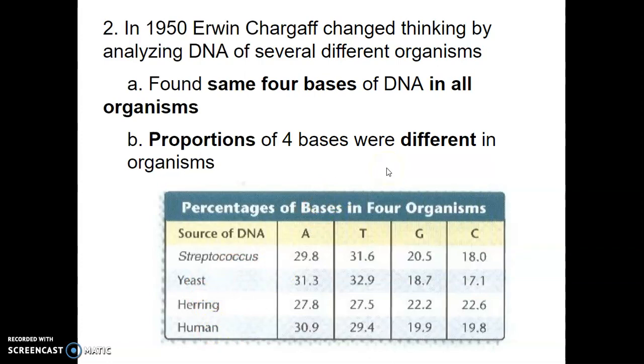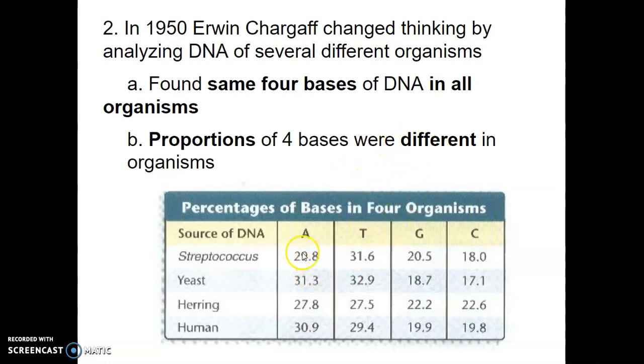And he started seeing the same 4 bases of DNA, which we're going to talk about in a minute. Okay, these nitrogen-containing bases. Now, the phosphate groups and the deoxyribose were all the same, but these nitrogen bases were different. He found 4 different types, consistently in all living organisms, okay? And the proportions of the 4 bases were different.